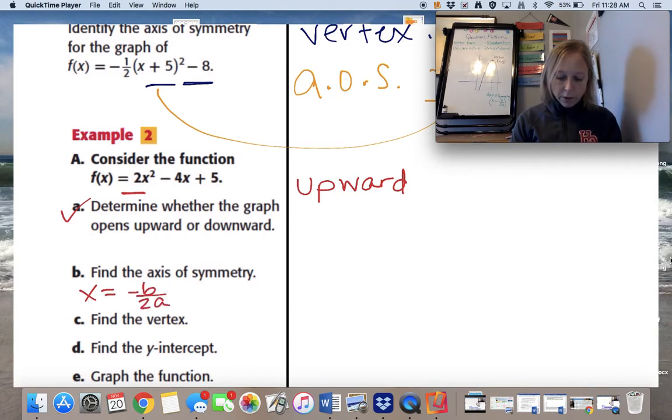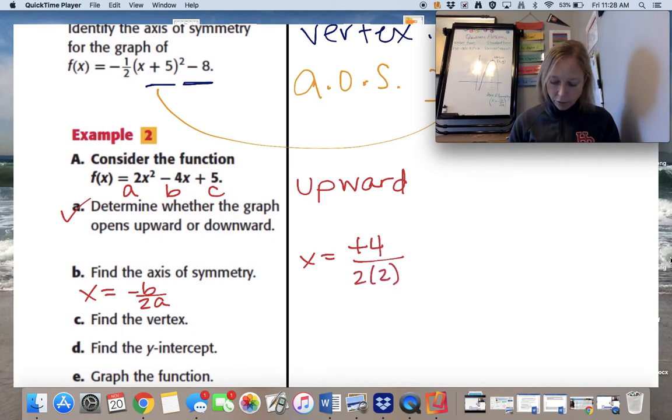So what I'm going to do is come over here to my function, and I'm going to label each number with an a, a b, and a c, so I don't forget what they are. So x equals negative b. My b is already negative, so a negative times a negative is a positive 4, all over 2 times a, which is 2. 4 over 4 equals 1.